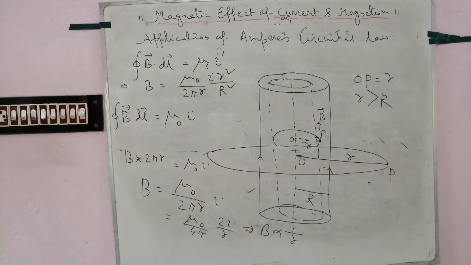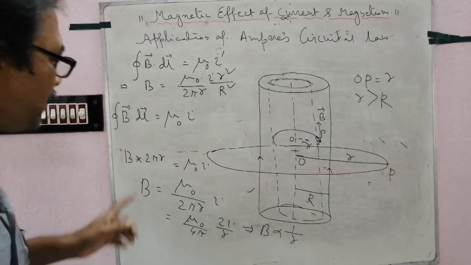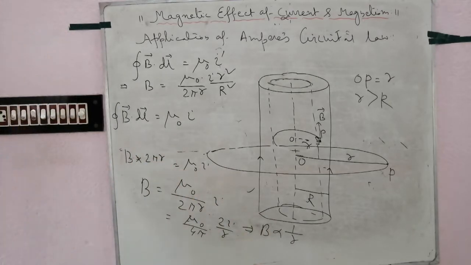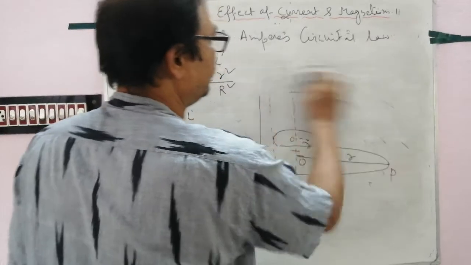Very important. Inside the conductor, when r is less than capital R, B is proportional to small r. But outside the conductor, B is proportional to 1 by r. So what will be the graphical representation?